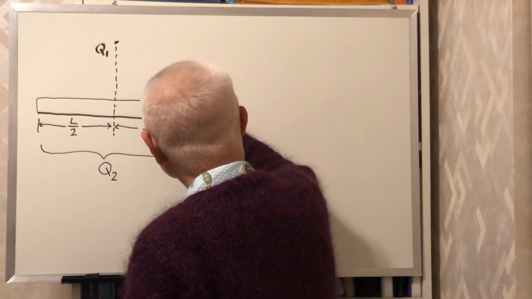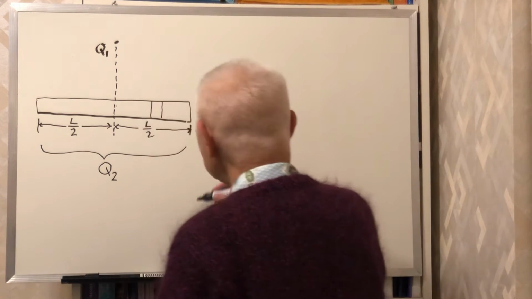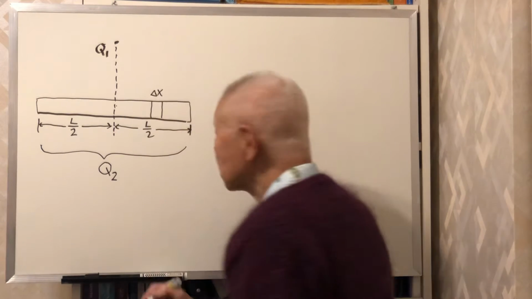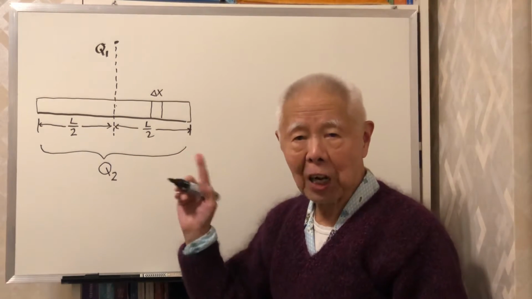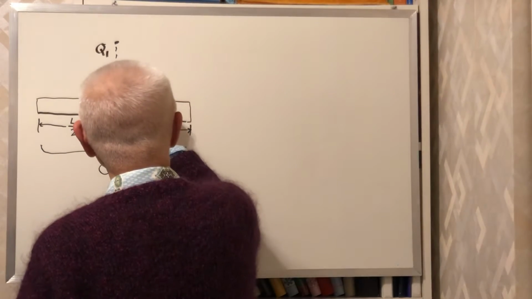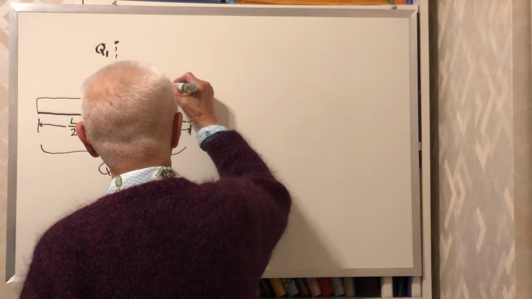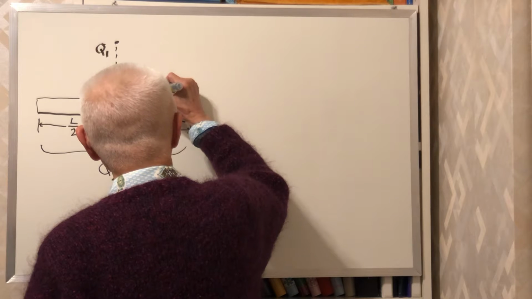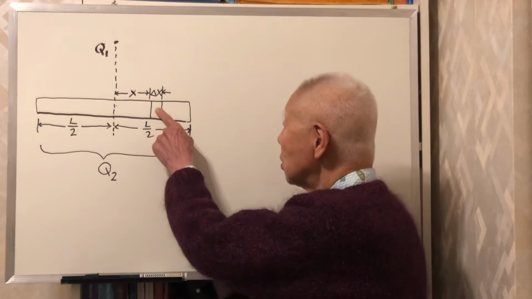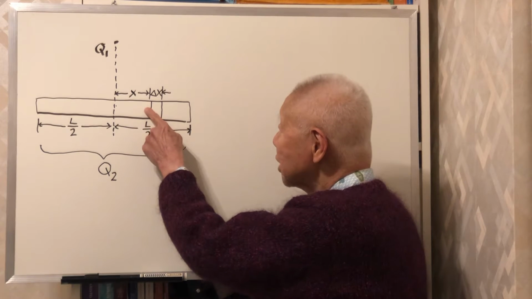Let's divide the rod into many small sections. Call this section delta x. This is delta x. This is x.